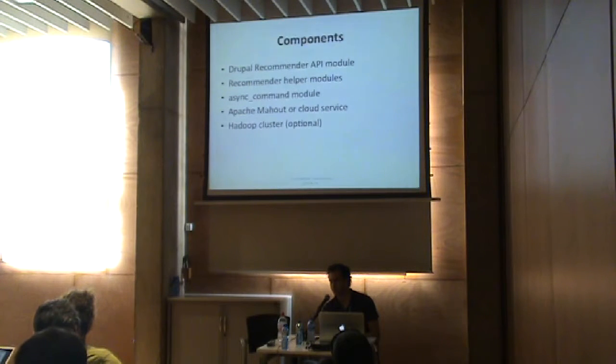There's a complementary module, which seems to me to be a requirement for using Recommender API, at least within a scalable site, which is called Async Command. I know there are several different projects and strategies within the Drupal community for providing a sort of batch queuing and batch job management within Drupal, and that's really important when we're doing this kind of stuff, because when we're dealing with any sort of large community, we have basically large matrices.